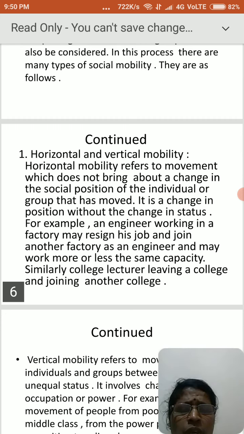For example, an engineer working in a factory may resign his job and join another factory as an engineer and work in more or less the same capacity. Similarly, a lecturer leaving a college and joining another college. These are instances of horizontal mobility.